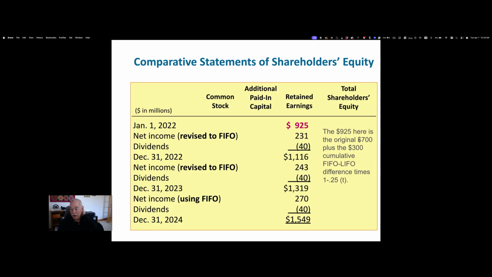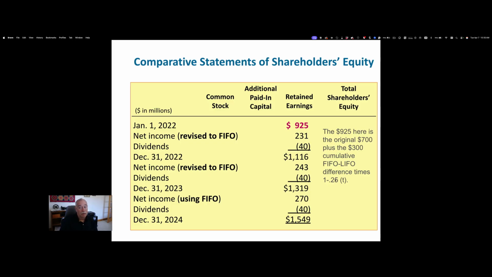It was 700, but if we had been using FIFO all along, we would have had another $300 of income because cost of goods sold would have been lower for those years. But then, of course, with another $300 of income across all those prior years, we would have additional tax.